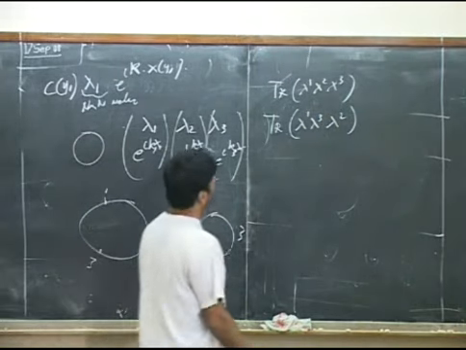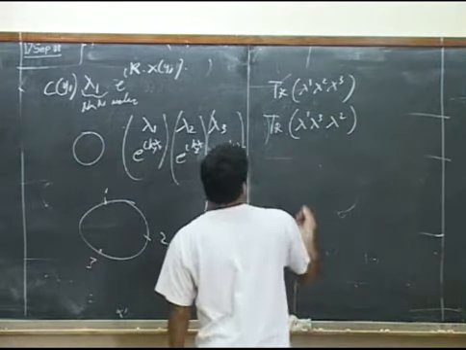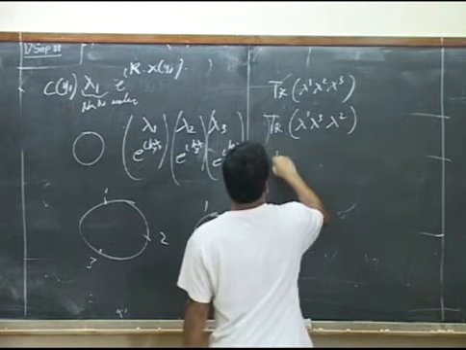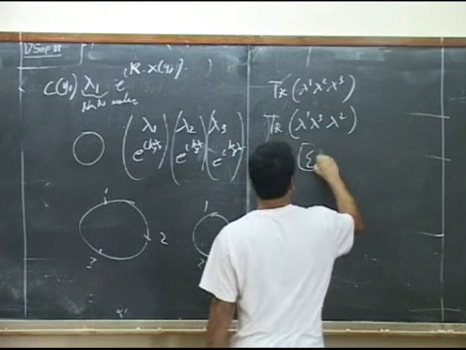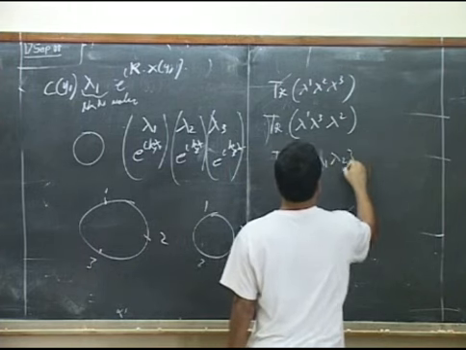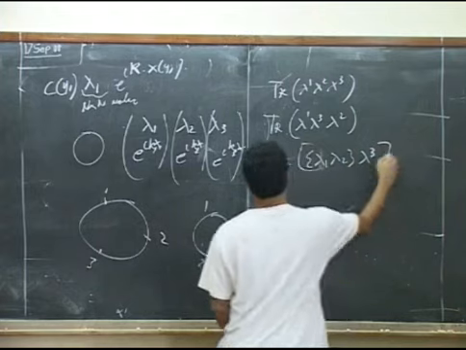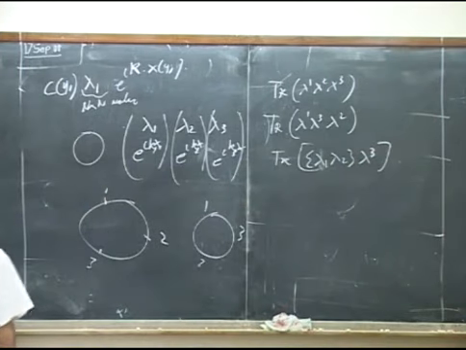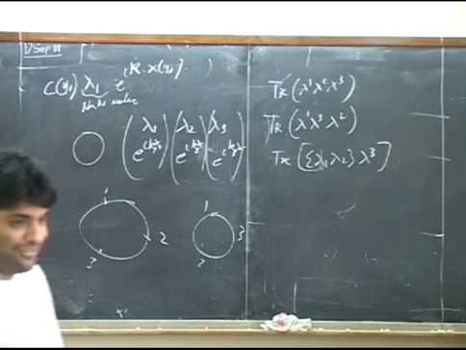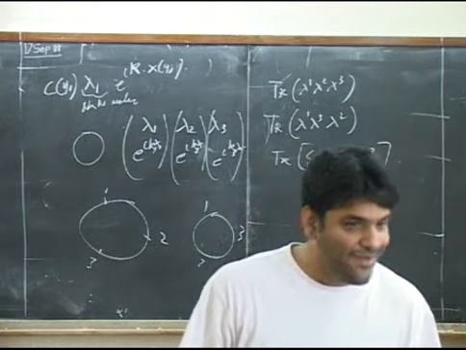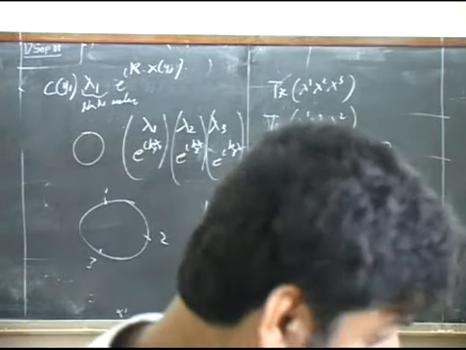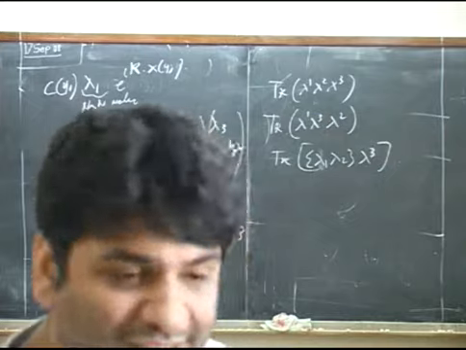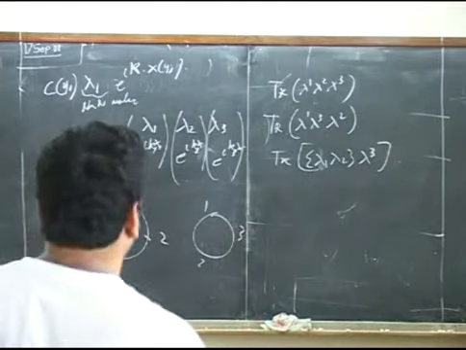So if we wanted to, we could write this as, for instance, the trace of the anti-commutator of lambda 1, lambda 2 with lambda 3, times 1. That's our final answer for the three tachyon scattering amplitude, where the tachyons are labeled by their n cross n matrix plus the momentum.